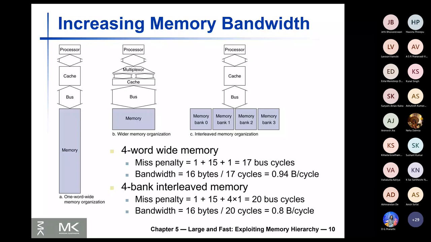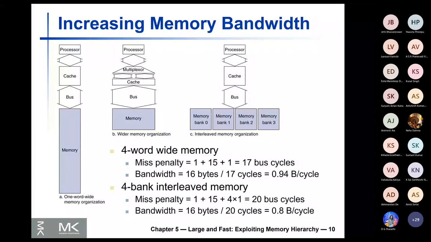So if the block size is such, the memory will supply the cache one word per cycle. The processor always reads one word at a time from the cache. This is a very important thing to understand.